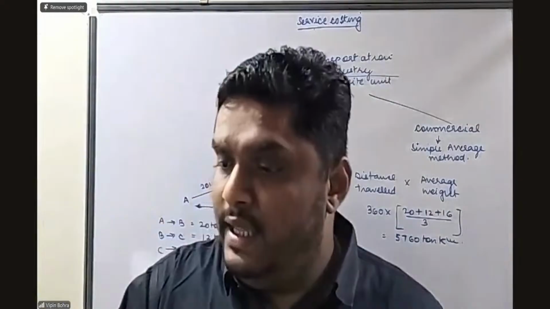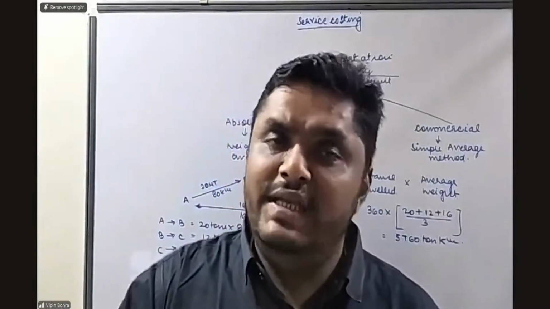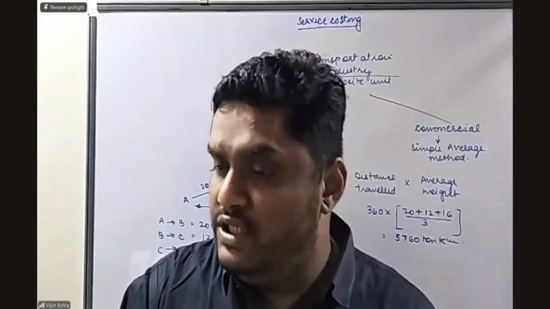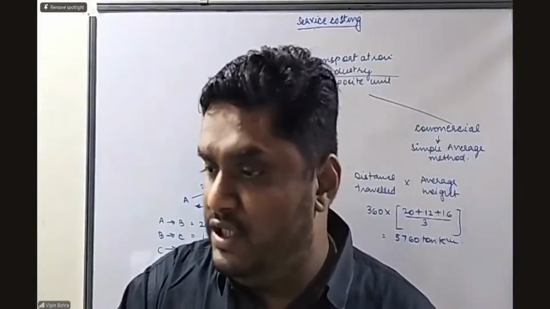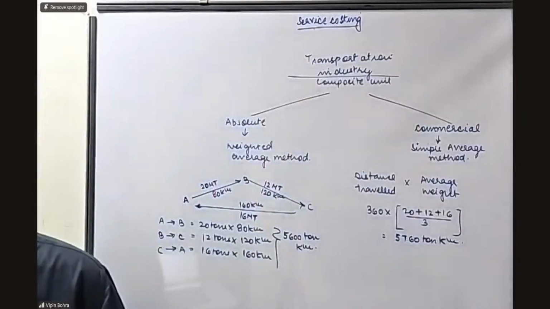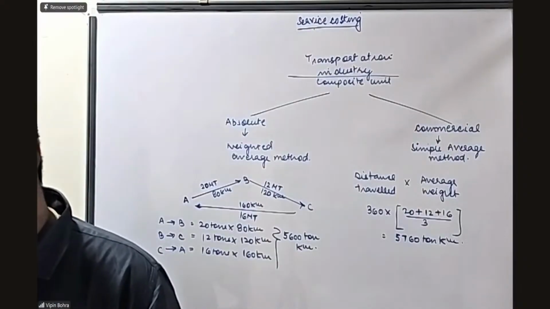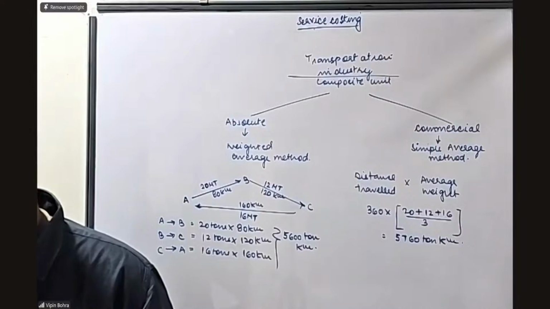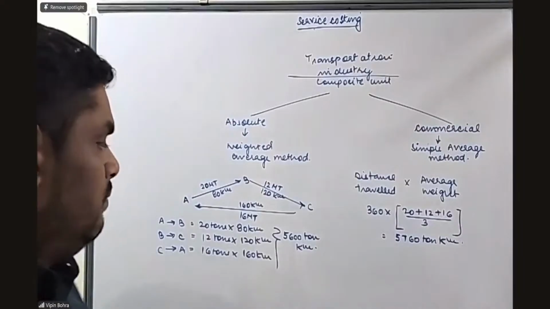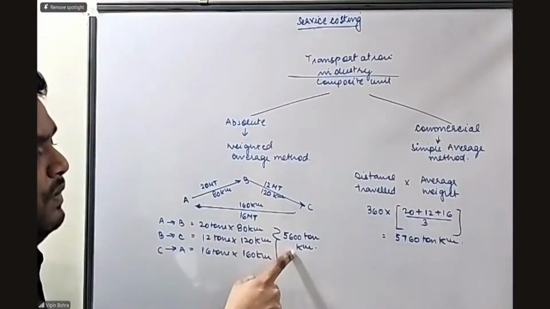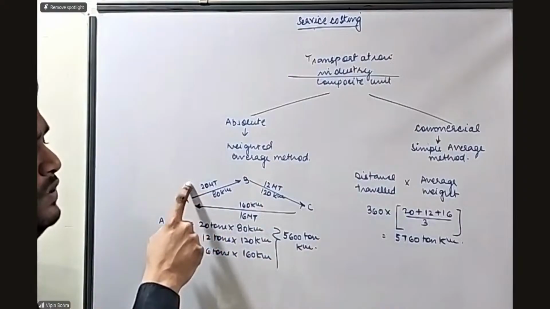Asking you guys again, anyone having any doubts in absolute and simple average calculation, that is weighted and simple average calculation? See, 80 kilometers, 20 metric tons.